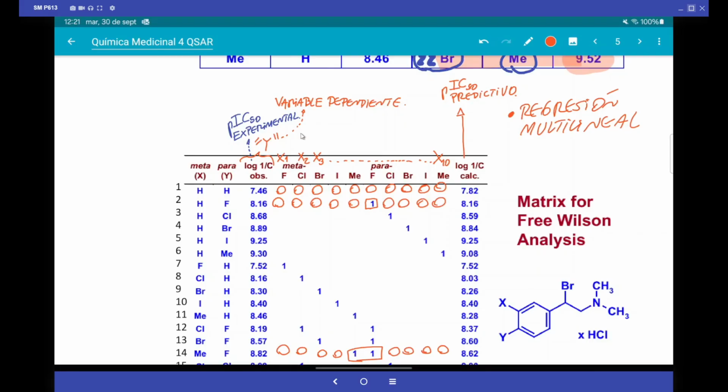Between the log and one part of the observed versus the calculated, some have errors, and in logarithmic terms this error could be more considerable, of course, if on a normal scale there is no care.